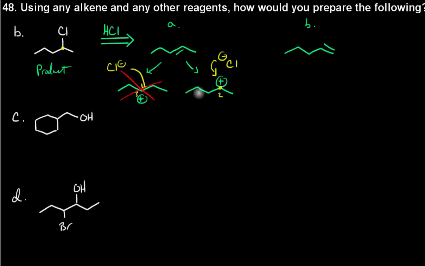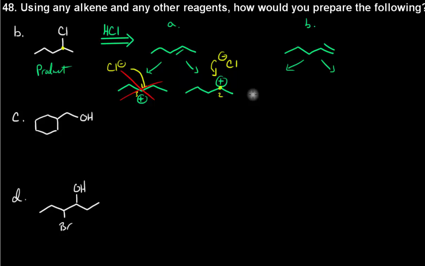Okay, so the question then is, it definitely looks like this alkene will give us the product, but is it any different from using compound B? So let's go through that real quick. So if we used compound B, we're definitely going to get 2 different intermediates.